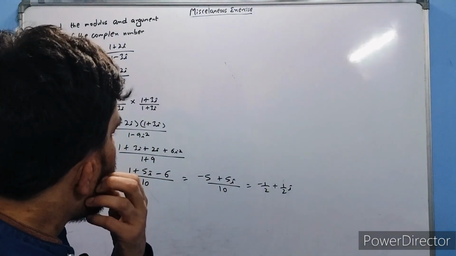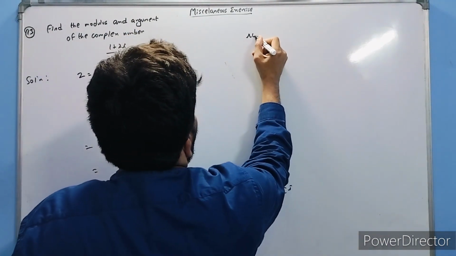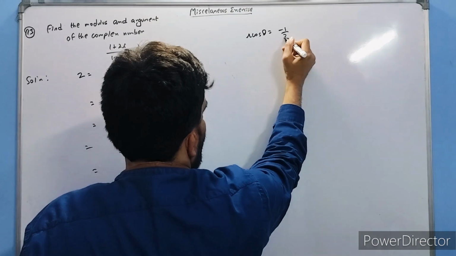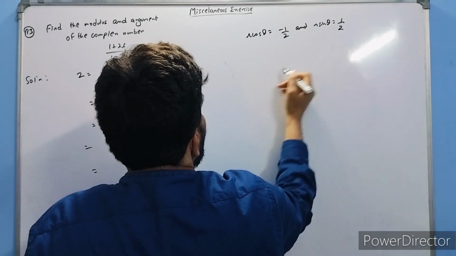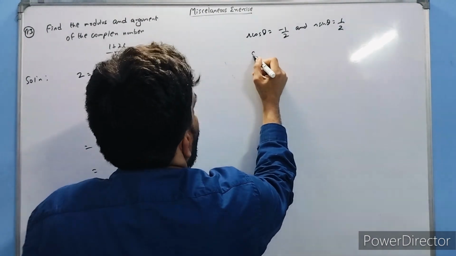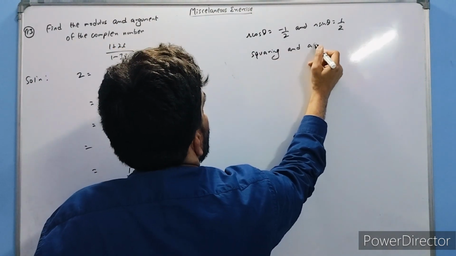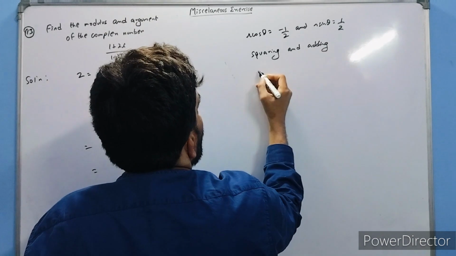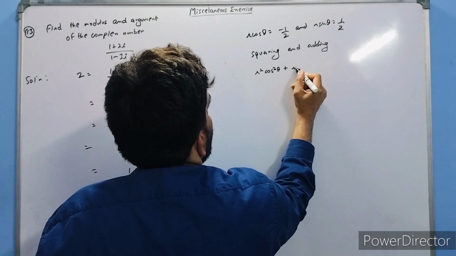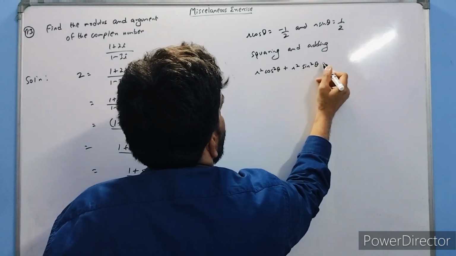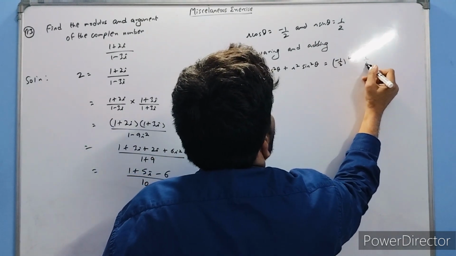Now I need to find its modulus and argument. So now we have r cos theta is equal to minus half and r sin theta is equal to half. Squaring and adding will be my next step. So I get r square cos square theta plus r square sin square theta is equal to minus half square plus half square.